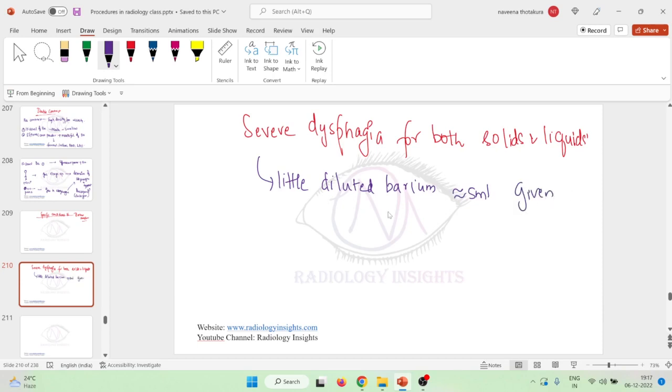And you will see the rest the same. Films are taken in lateral, frontal, right anterior oblique and left anterior oblique views.